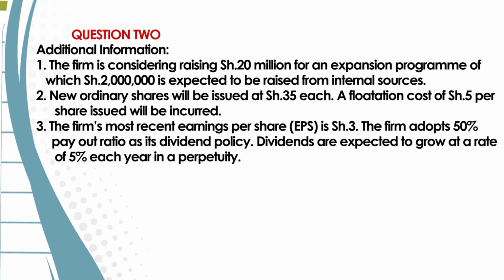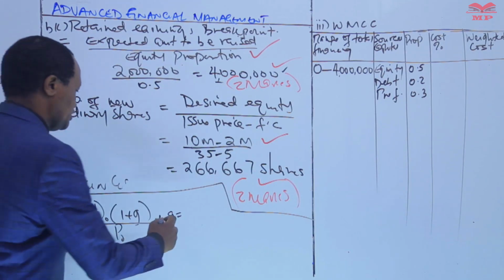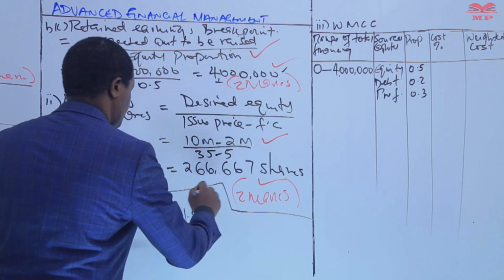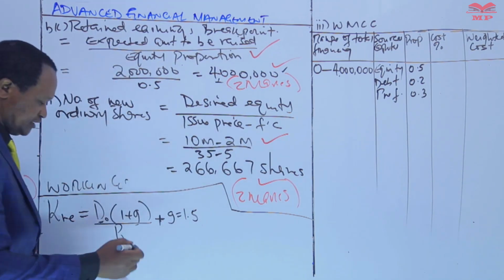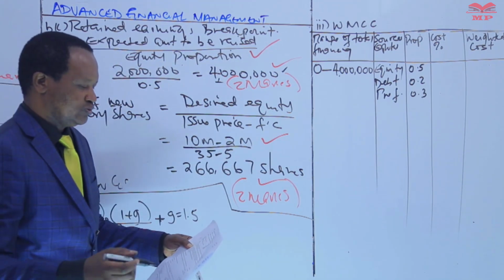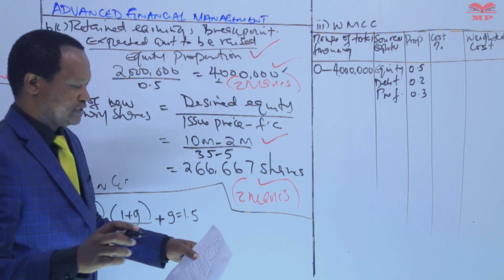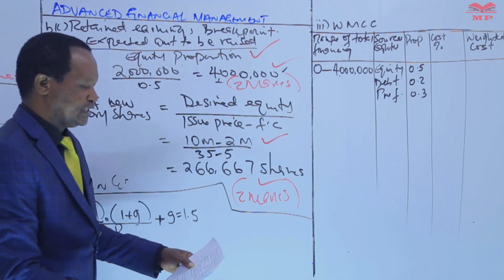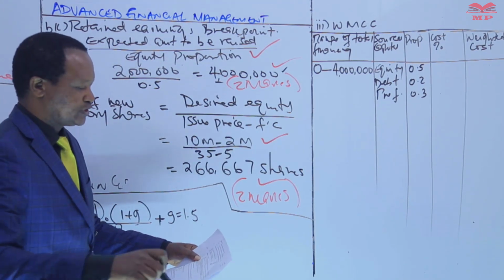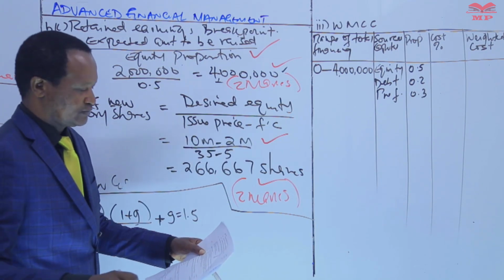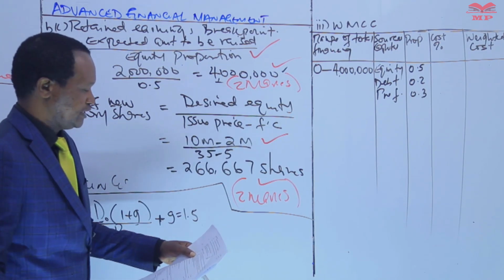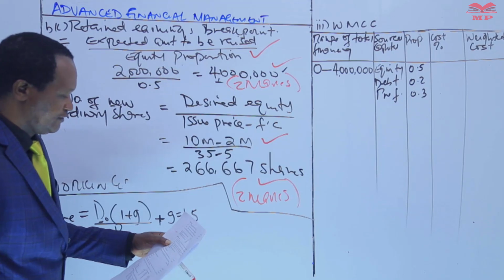So out of the 3 shillings, shareholders are paid 50%. 50% of 3 shillings is 1.5 shillings. You need to begin with the tense and the language: the most recent. The current DPS is 1.5.